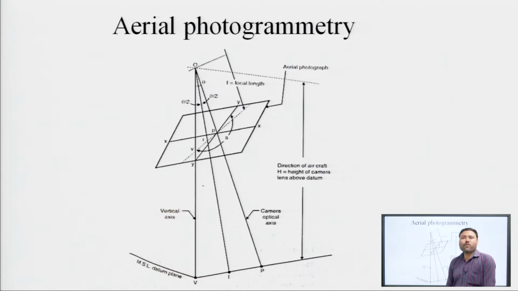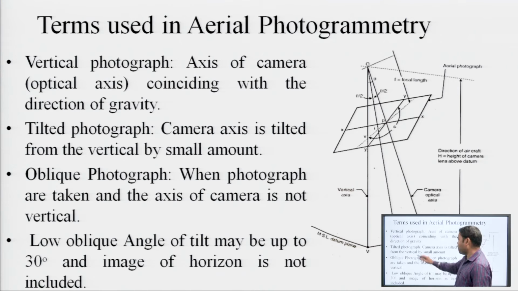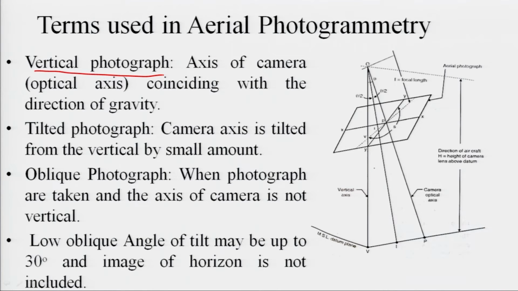Now talking about some important terms that are used in aerial photogrammetry. First of all, vertical photograph. In this type of photograph, basically the camera axis, which is also known as optical axis, coincides with the direction of gravity.